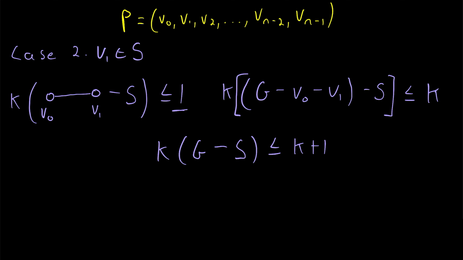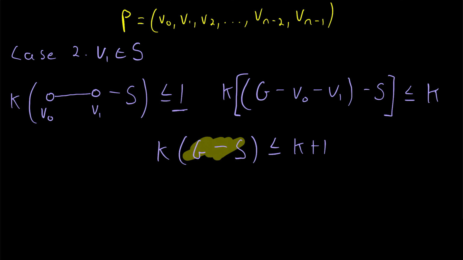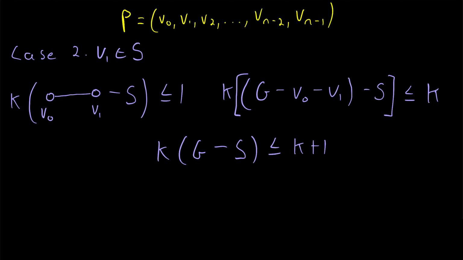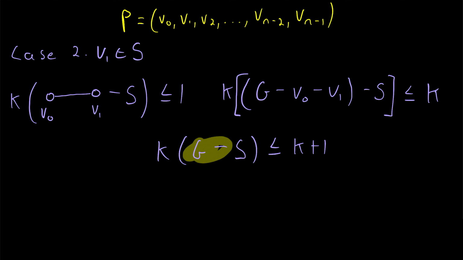But it's possible that in G, where these two pieces of the graph are brought back together, G minus S has fewer components, because V0 might be adjacent to some vertex in this graph. But even if it isn't, that only gives us one more component to a graph that had k components, so we bring these pieces back together to the original graph G, subtract S, and we're going to have a maximum of k plus 1 components.